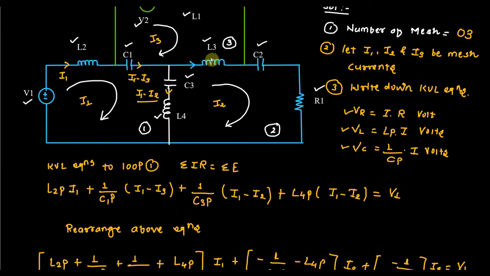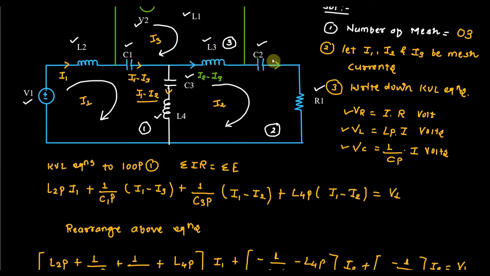What will be the current in L3? L3 is common to the second and third mesh. As we are writing for the second mesh, the larger current is I2, so the current here is I2 minus I3. So the voltage will be L3P into I2 minus I3.